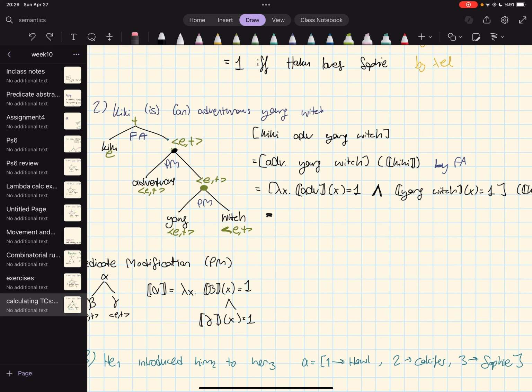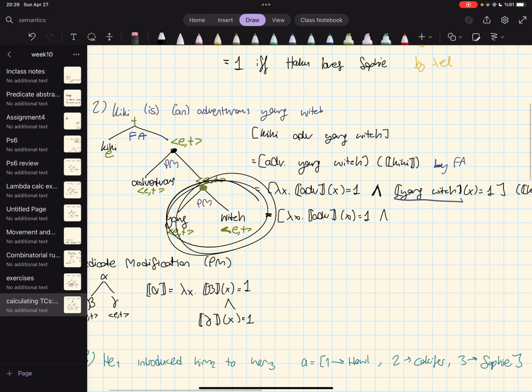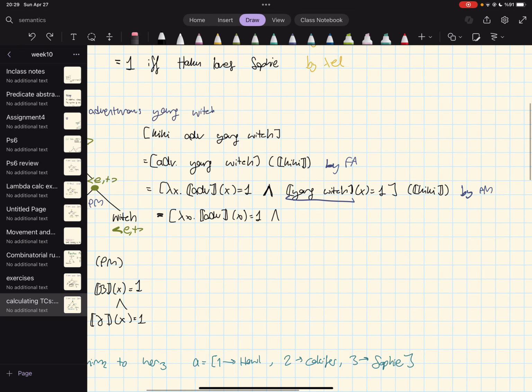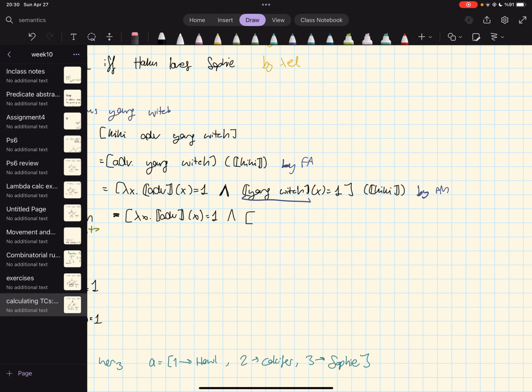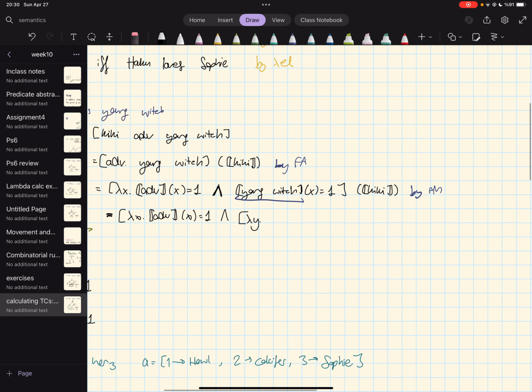To do that, I'm going to need another lambda calculation, and this calculation will be done on this very part. The remaining part will look the same. Lambda x adventurous x denotes 1, and so I'm dealing with the part that is young witch. This part separated. So what I need to do is open a new bracket and start off with another lambda calculation, which for this one, I'm going to say lambda y, such that young y denotes 1 and witch y denotes 1.